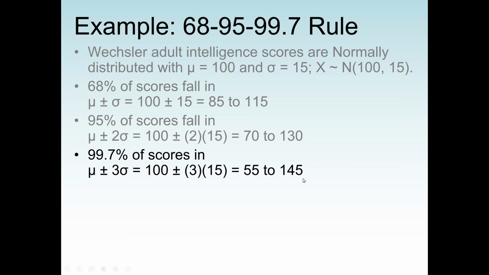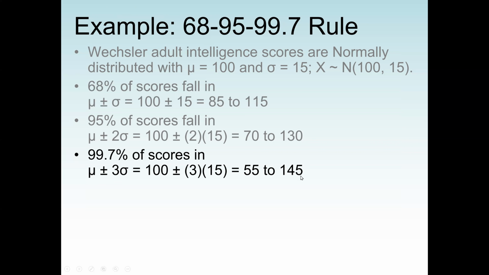When I say majority of the data, we mean the scores of all the adults that took the intelligence test. The minimum value will be around 55 and the maximum value will be around 145. So again, this is how we find the 68, 95, 99.7% distribution of data, if it's normally distributed.